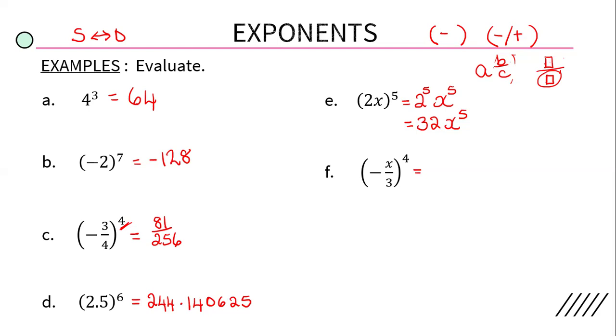So again, if we have an even power, our answer will always be positive. If we have an odd power, our answer will always be negative. Let's look at B and C. B, negative 2 to the power of 7. 7 is an odd number, my answer is negative.